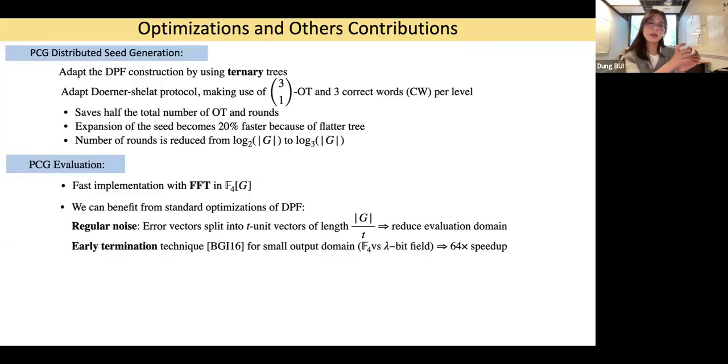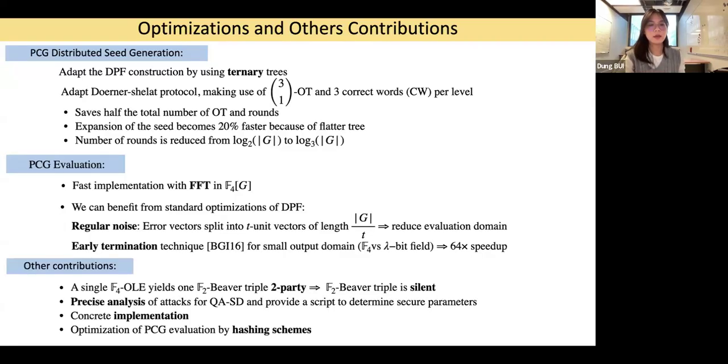Because for each block you only have one noise, so the domain for evaluating the distributed point function is smaller. And we also benefit from some optimizations of the original distributed point functions.